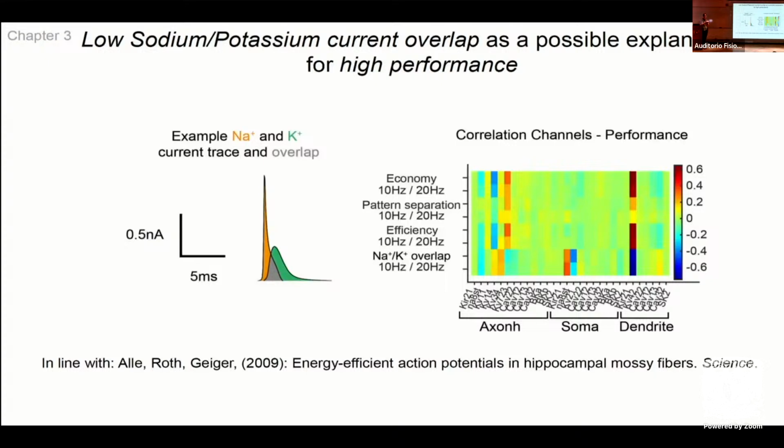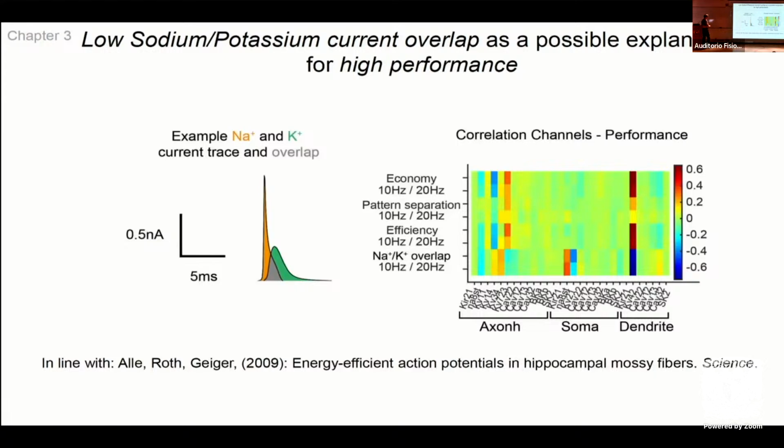So if you have an overlap of both, they work against each other. It is beneficial if these two currents are more separate. And indeed, what we could see is that with a low overlap, you have high performance of economy and pattern separation.